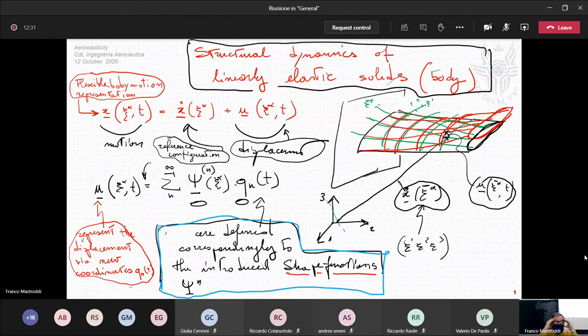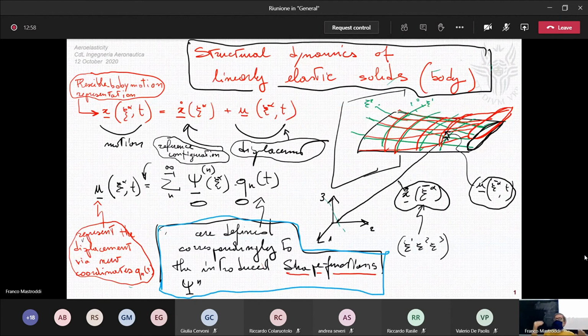Just to fix the idea, consider the coordinate of the nodes in a finite element model. If you are working with the finite element model, you are the boss for deciding the coordinate of the nodes of your model. And those coordinates are the coordinates of the node in the undeformed configuration.